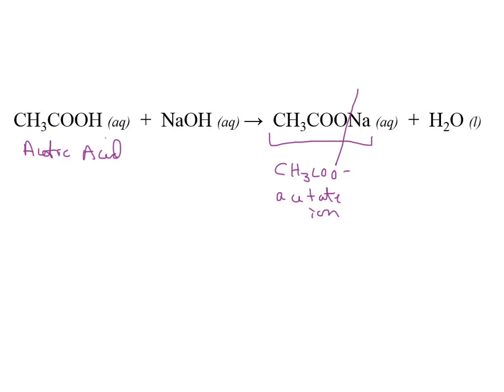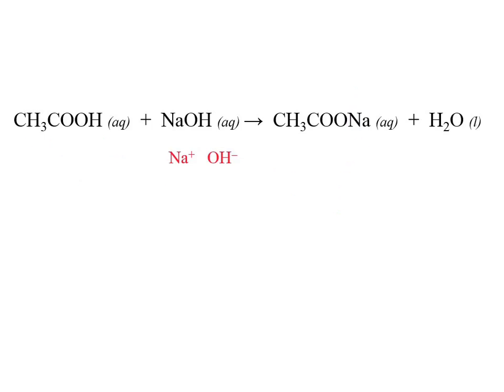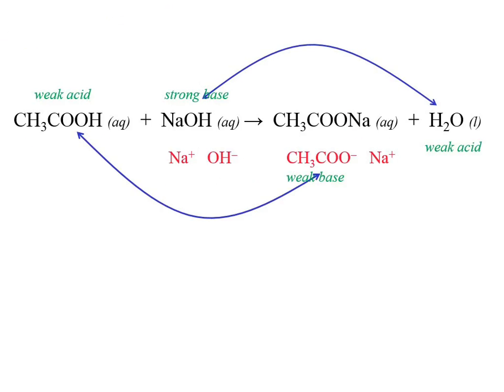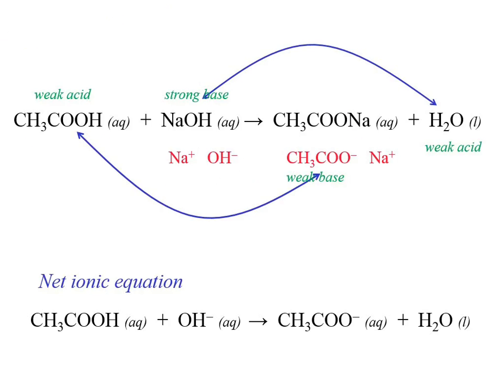It happens to be a weak acid. And sodium hydroxide, of course, is a strong base. And it always goes from stronger to weaker. So if we look to find our acid-base pairs, there they are. One conjugate acid-base pair is the acetic acid, CH3COOH, and the acetate ion.